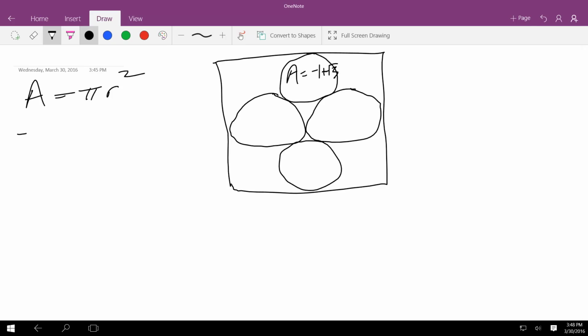They're telling us the area is minus 1 plus root 3, oh, excuse me, times pi. And it's almost always times pi. It would be difficult to have a circle where pi was not in the answer. So the pi's cancel, and we have r squared equals that strange looking thing. Now, that is a positive number.